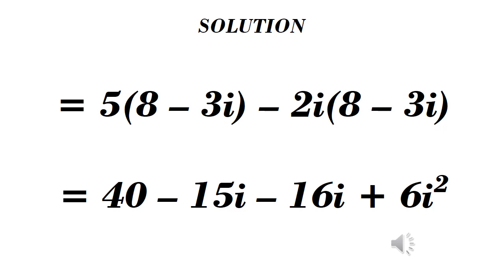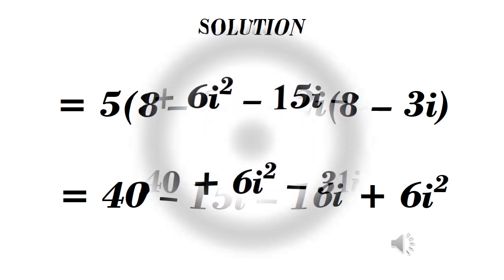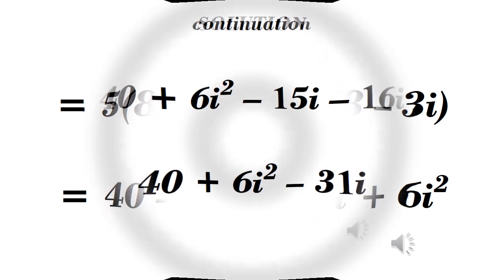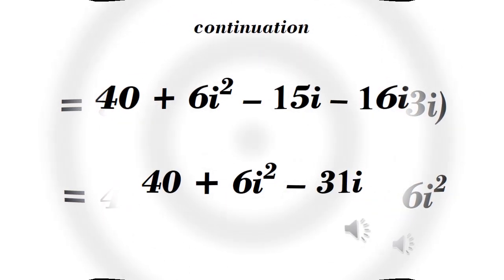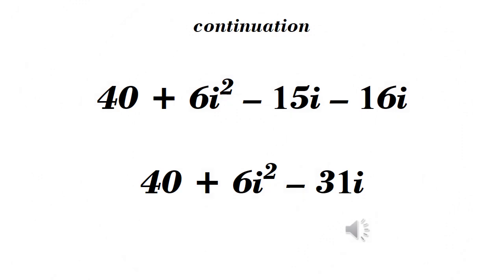Then minus times minus is plus, then 2i times 3i is 6i squared. So here we have 40 plus 6i squared.